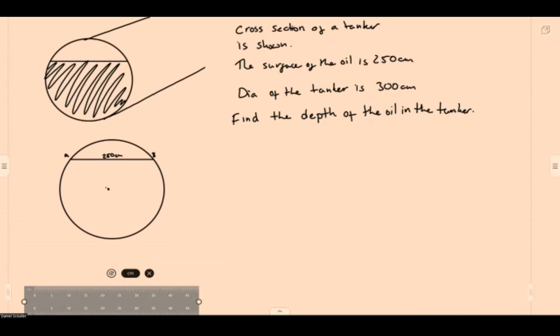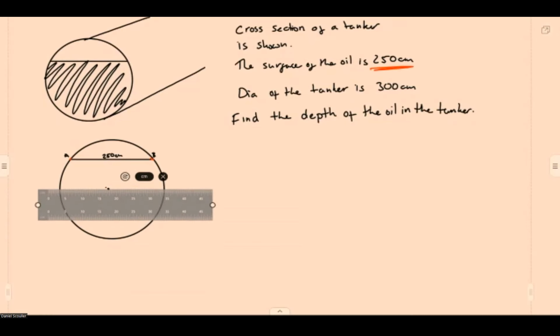That distance from A to B, red dot to red dot, is 250 centimetres. The diameter of the tanker is 300 centimetres, so from side to side, going through the middle.